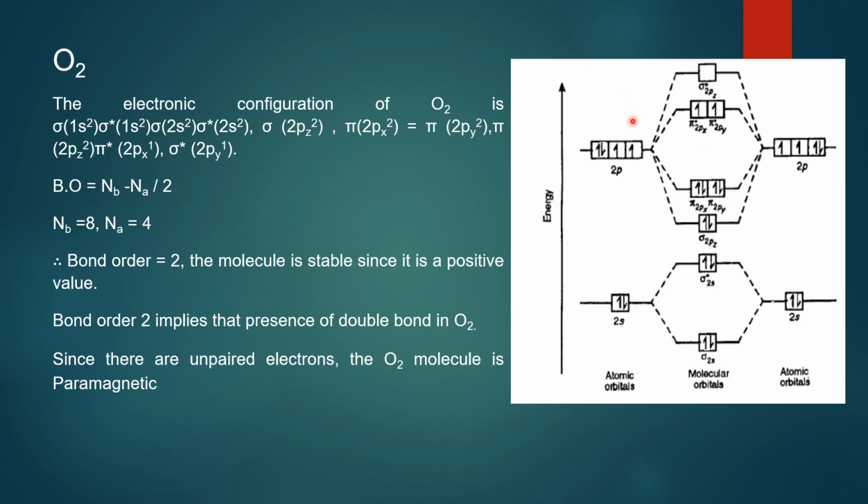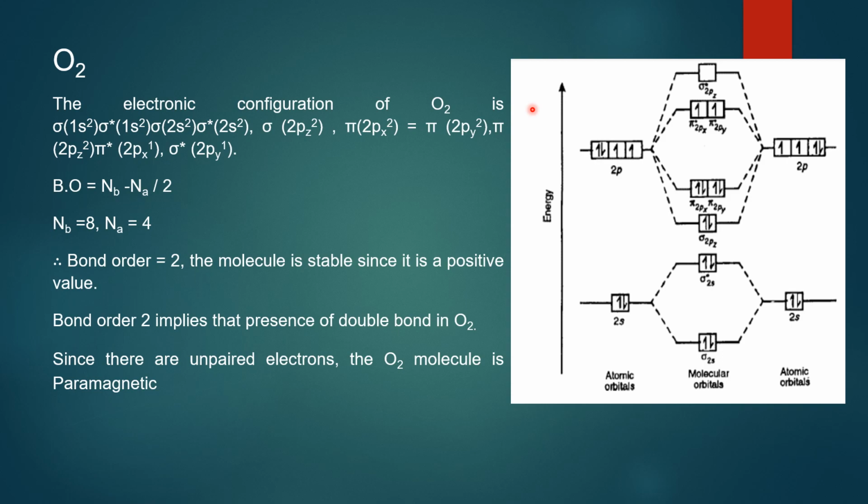Both the 2p atomic orbitals of the two oxygen atoms contain 4 plus 4, 8 electrons. Out of 8 electrons, 6 electrons went into the bonding molecular orbitals. The remaining 2 electrons appeared as unpaired electrons at the pi star 2px and pi star 2py anti-bonding molecular orbitals.